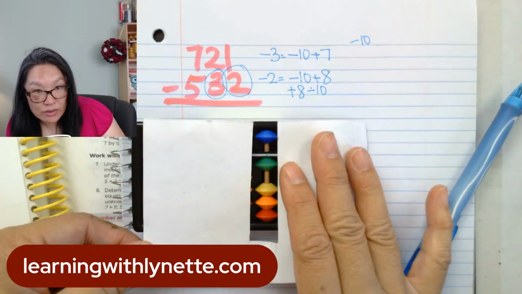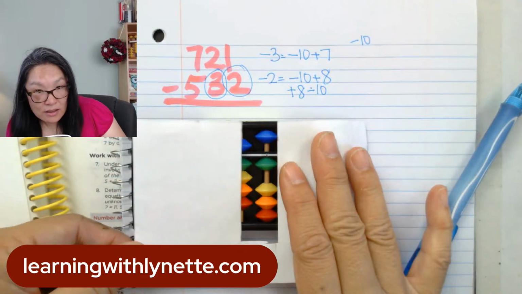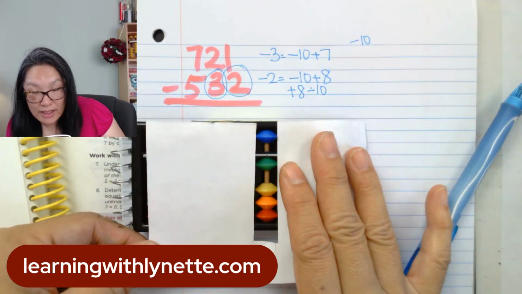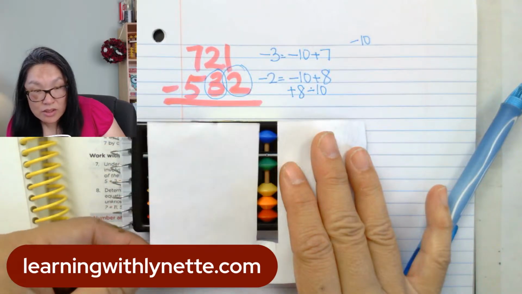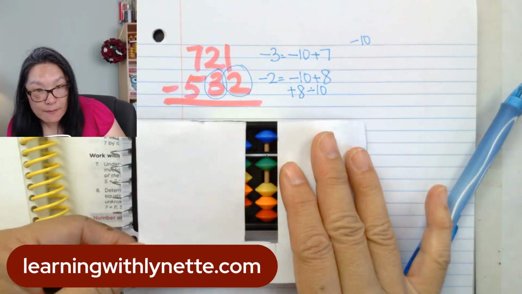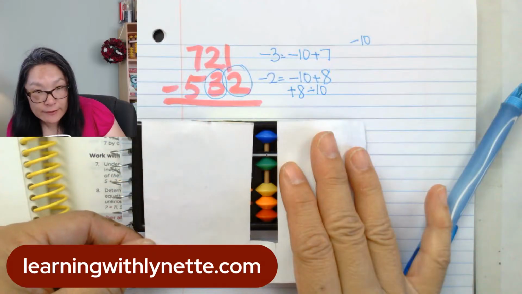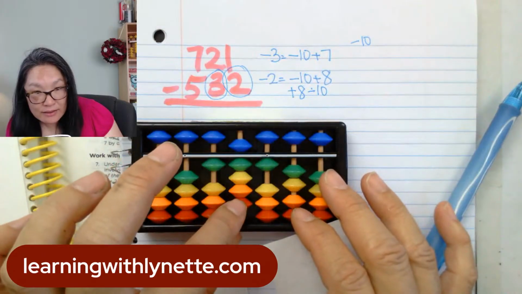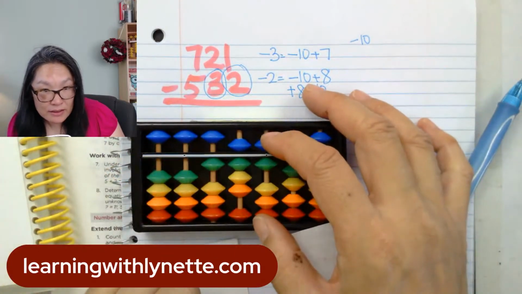Minus 2 is equal to minus the 10 plus the 8. Does that make sense? It's always going to be to the left. Minus the 10 plus the 8.